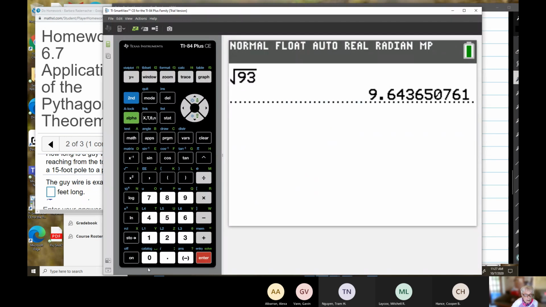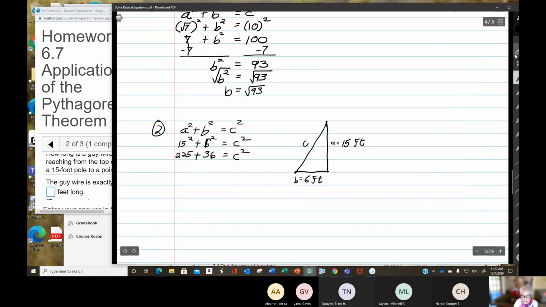The square of 15 is 225. Okay, so 225 plus 36: 5 plus 6 is 11, carry the 1, that'll be a 6, and then bring down the 2.